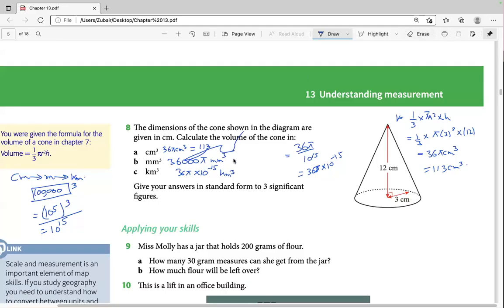And that is divided by 15 zeros. So 113 into 10 to the minus 15, and converting it into standard form is 1.13 into 10 to the minus 13.